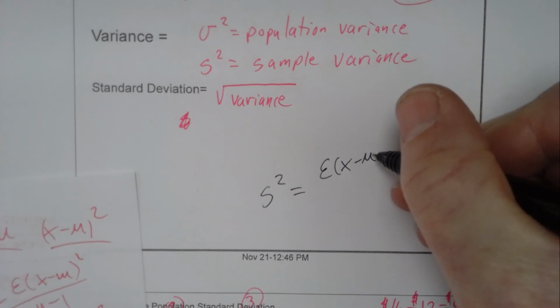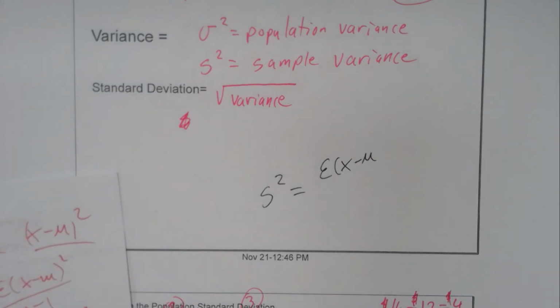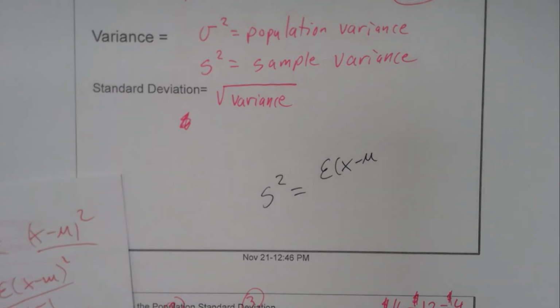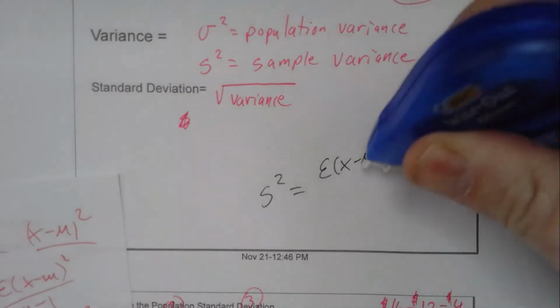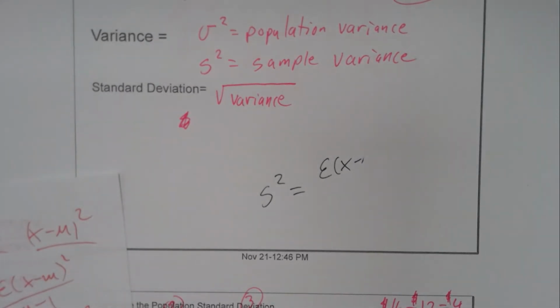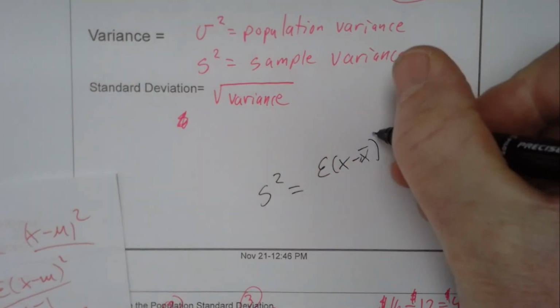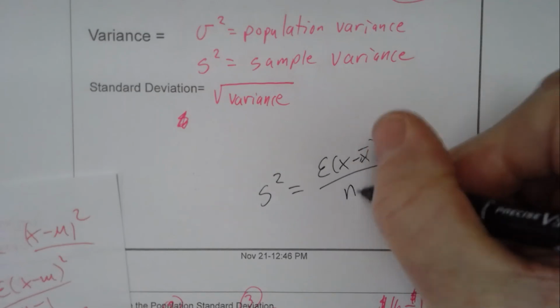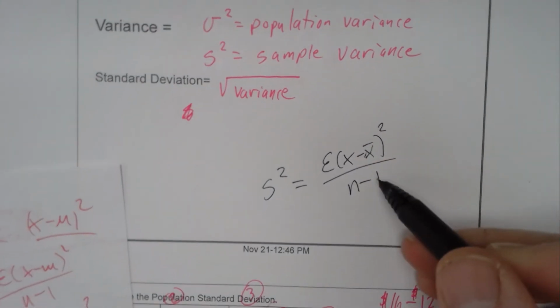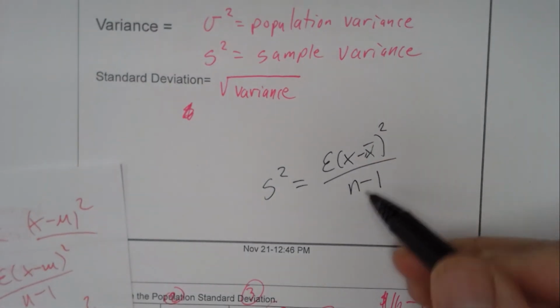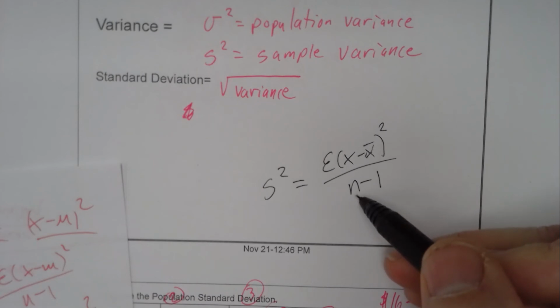Actually it's x minus x bar, because it's a sample average. So it's x minus x bar squared divided by n minus 1. To compensate for the fact that you have a sample, you do an n minus 1 instead.